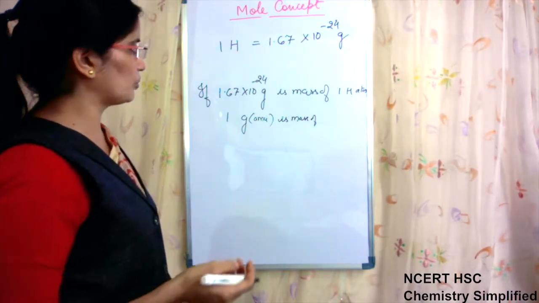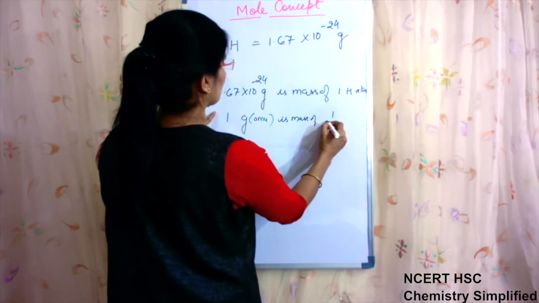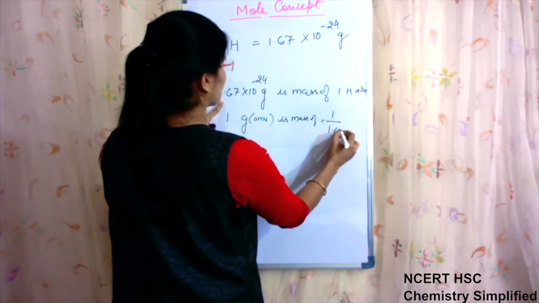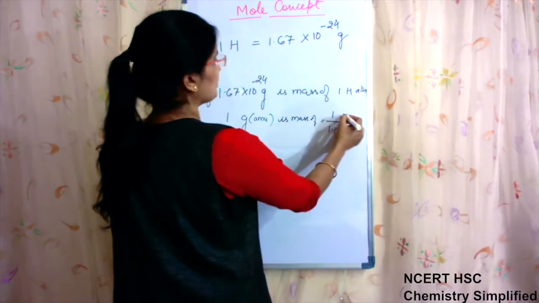This we will find out. So this is the unitary method: 1 divided by 1.67 into 10 to the power minus 24, multiplied by this term.